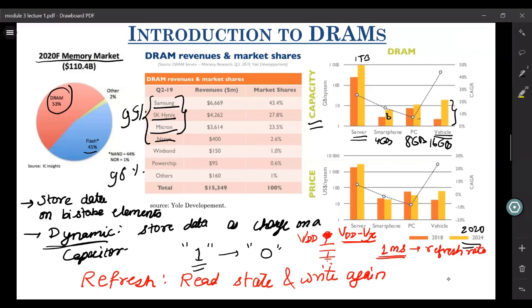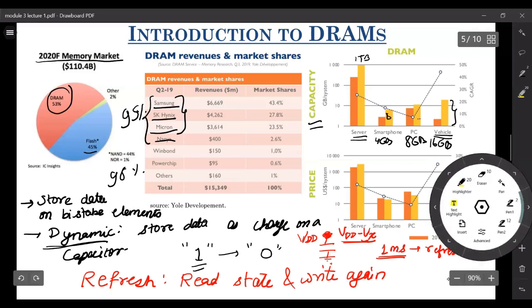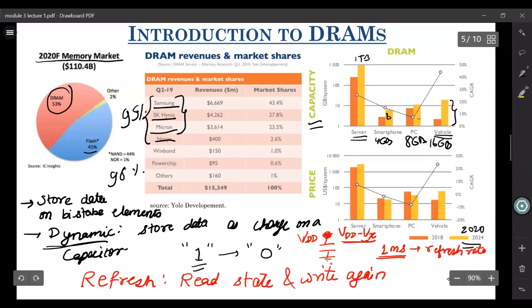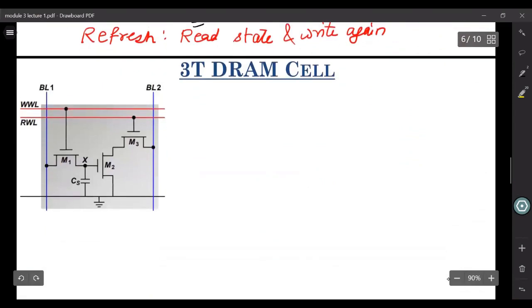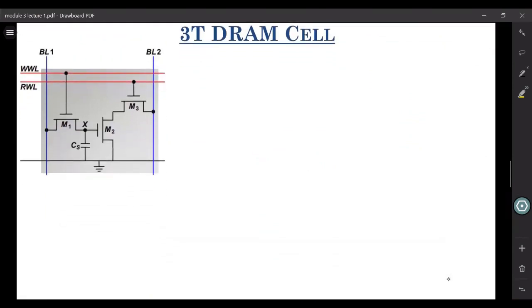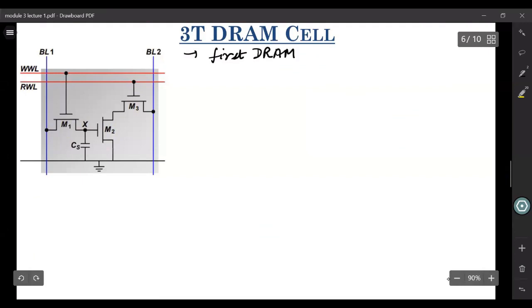Okay, with this introduction to dynamic RAMs and why they're called dynamic, let me go ahead and talk about the simplest DRAM cell, which is the 3T dynamic RAM. This was the first DRAM brought into industrial use, and the best part was this was done in 1970 itself.